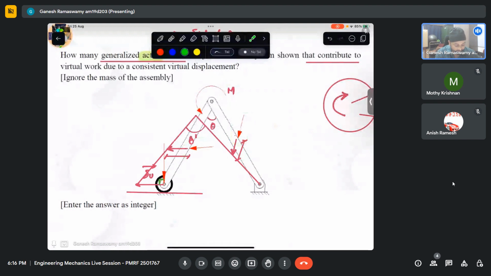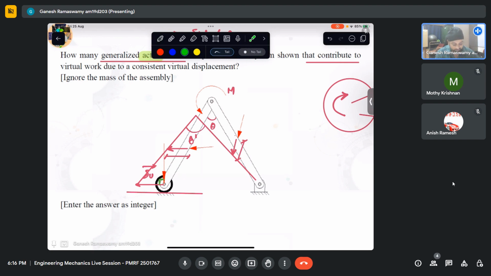Now we can ask, what about the reactions here? I am able to see that the pin over there does not have any displacement, so essentially its contribution is zero. Whereas this roller, although it does have a displacement, that displacement is perpendicular to the force applied, hence it is not an active force.